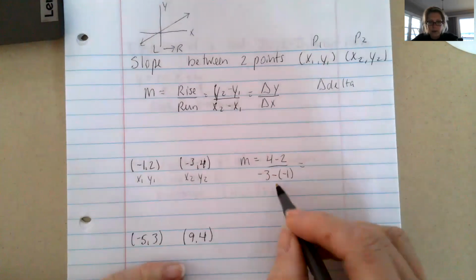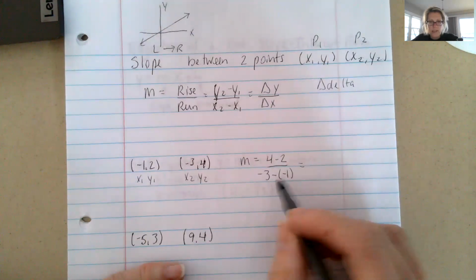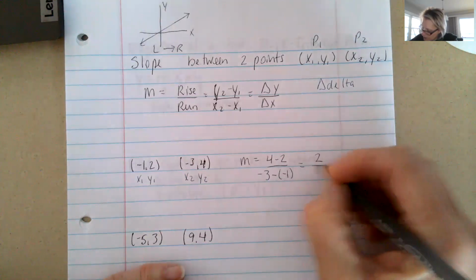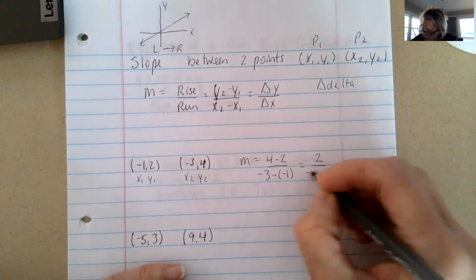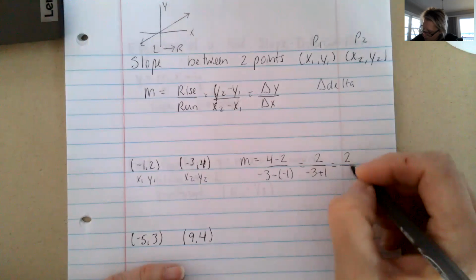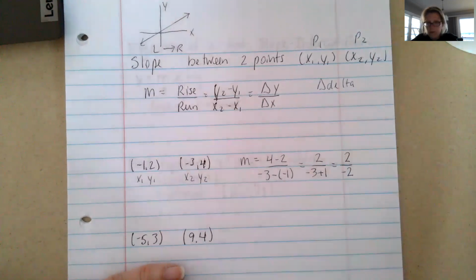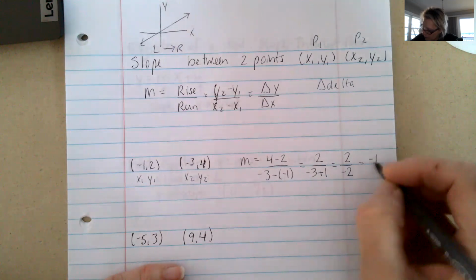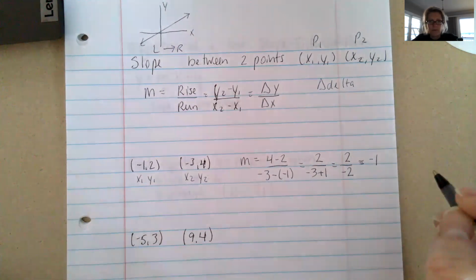Make sure you notice that this is subtracting a negative, so that becomes a positive. So 4 subtracting 2 is 2 over 3 adding 1. So this becomes 2 over a negative 2. A negative 3 plus 1 is a negative 1.